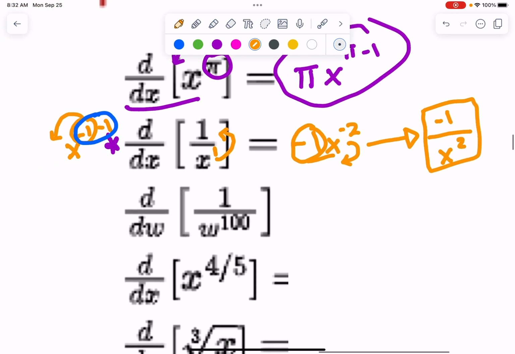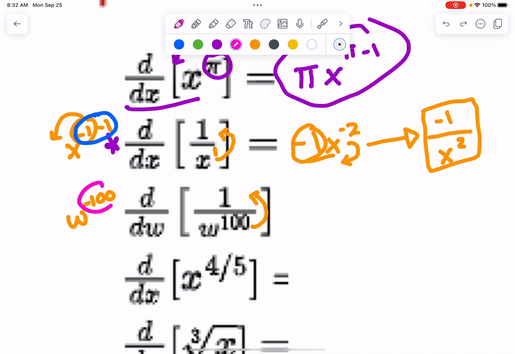All right, this one is in terms of w, so d over dw. That just means the derivative with respect to w. So this guy, if I move him to the top, he is going to be w to the negative 100 power, right? He'll become negative when you move him to the top. It's like over 1 now, like the w used to be down here, and now the w is on the top. So w to the negative 100 power.